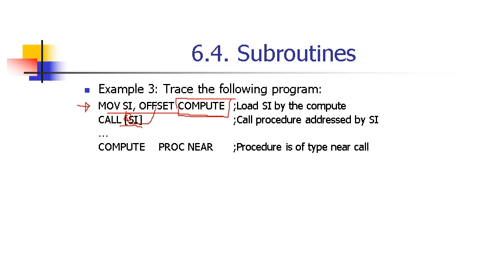Then this compute is a near. These are the instructions below the call. But when you call SI, you go to this subroutine called compute, which is a near procedure, which means it is written within the currently active code memory segment.